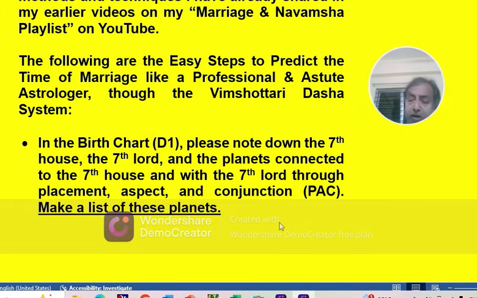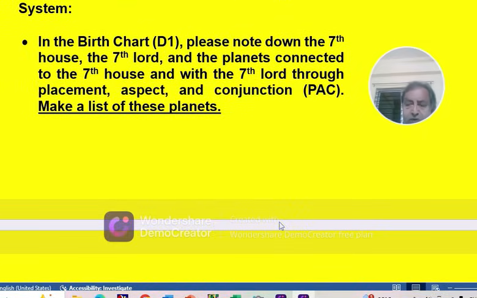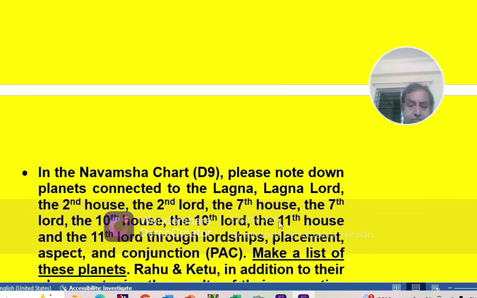In your birth chart, you identify the 7th house and the 7th lord and the planets connected to the 7th house and the 7th lord through placement, aspect, and conjunction. This is the first point you have to jot down and remember.